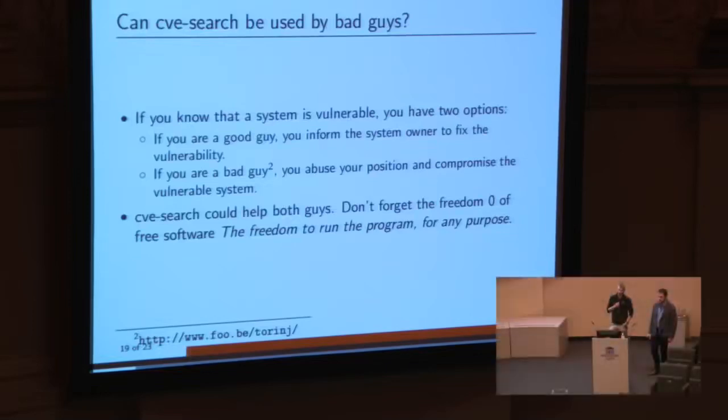So that means someone who wants to do automatic exploitations could indeed use CVE search for doing automatic exploitations. But that's the two sides of software, and that's something to keep in mind. It's free software, so people can use it for whatever purpose they want, but always think of what bad guys could do with it.